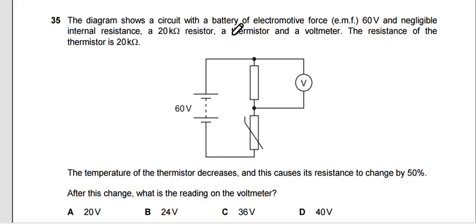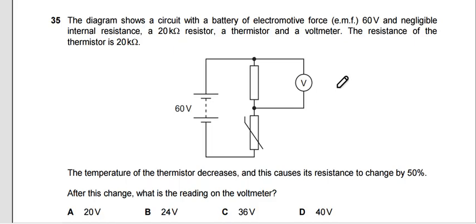As they are connected in series, the fixed resistor and thermistor share the potential of the battery, or the EMF. So by calculating the current after the change in temperature, we can calculate the potential.